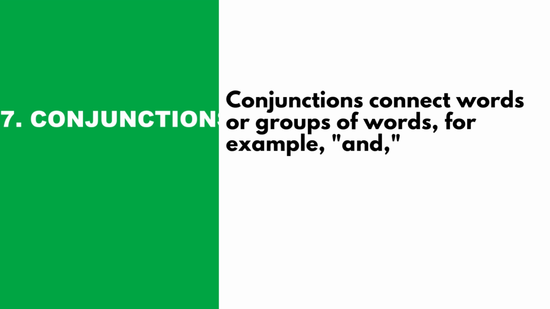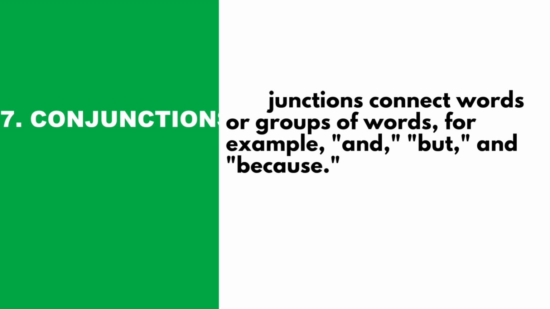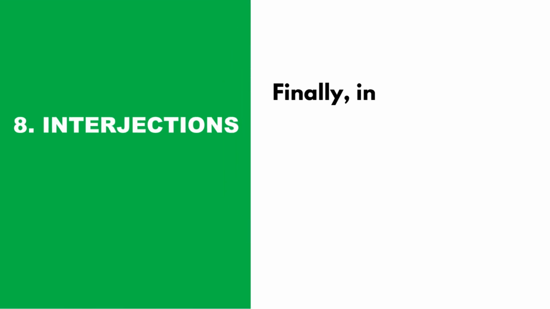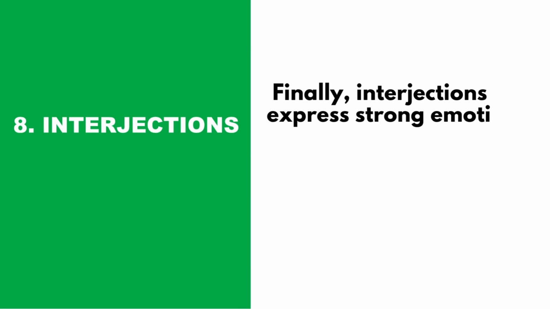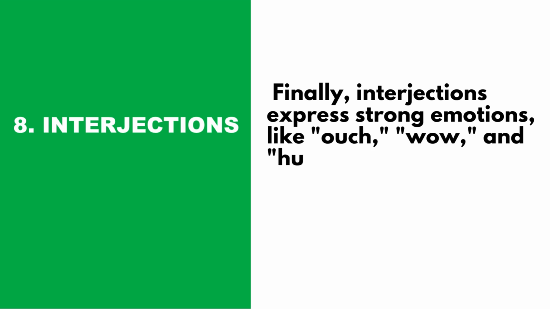For example, and, but, and because. These are conjunctions. They are used to join words or groups of words together. Finally, interjections express strong emotions like ouch, wow, and hooray.